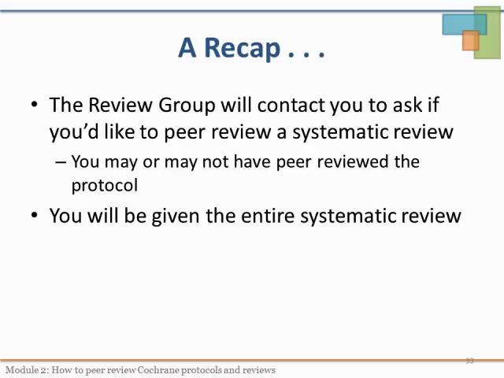The Cochrane Review Group will contact you and ask if you would like to peer review a systematic review. You may or may not have previously provided comments for the protocol of the systematic review, and that is fine. You do not need to have peer reviewed the protocol. If you agree, they will send a review to you and sometimes a checklist, but again, it is not necessary to use a checklist.